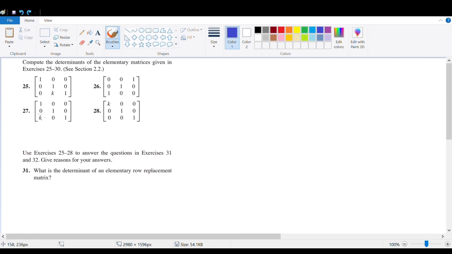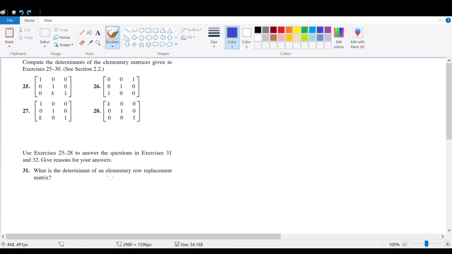For example, in 27, this one is a triangular matrix, so the determinant will be the multiplication of the entries in the main diagonal. So the determinant is k multiplied by 1 multiplied by 1, which is the product of the main diagonal.